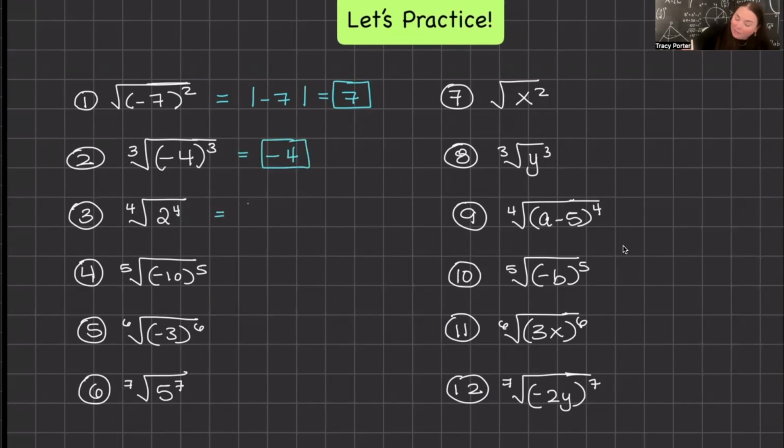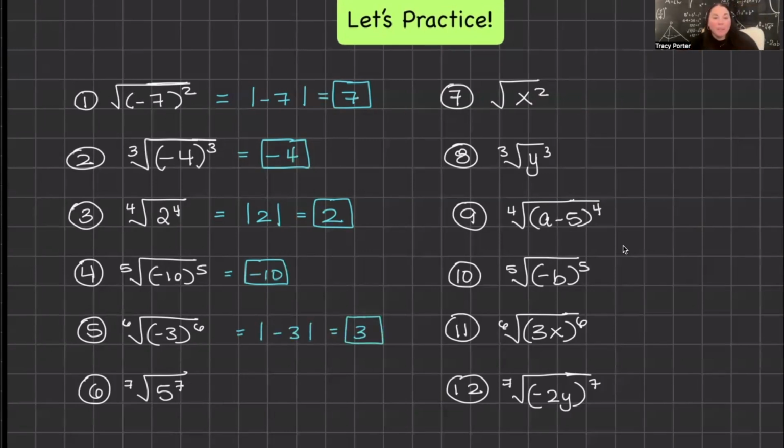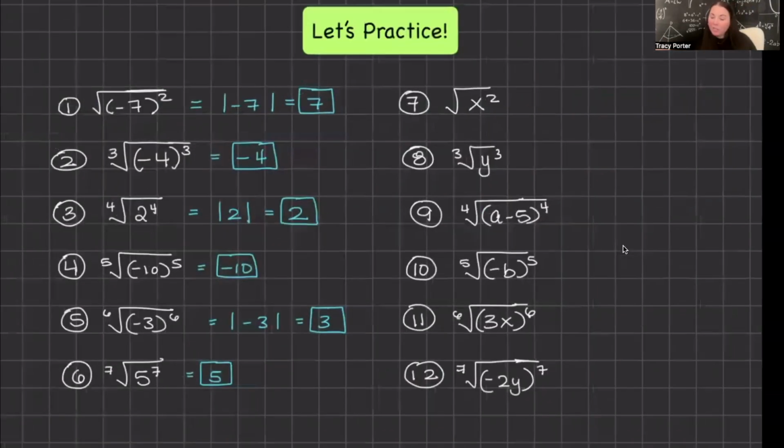Here, it would technically be the absolute value of 2, but that's the same thing as 2. So if you just were to write 2, that would be fine. This one would come out to be -10. This is going to be the absolute value of -3, which is 3. And then finally, this last one would just come out to be 5. So you can see the theorem in action over there.